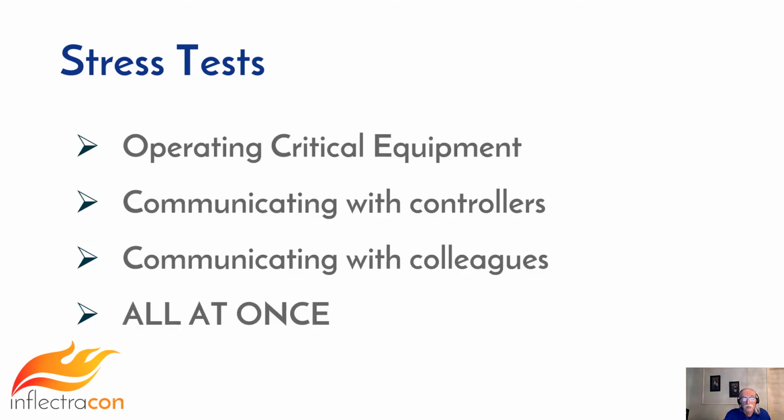In addition to that, while they're operating critical equipment, again, they don't have time to be playing with the mask or adjusting it when they're operating under work conditions. They are operating under fairly extreme conditions, and they're operating critical equipment, which requires their full attention. The mask has got to be unobtrusive, you might say at that point. Communicating with controllers, communicating with colleagues, and then putting this all together all at once.